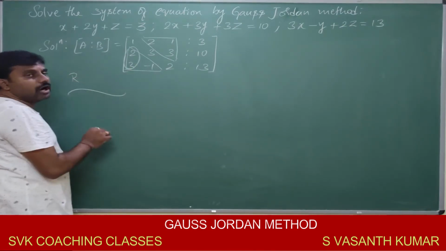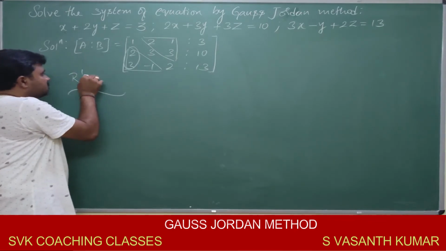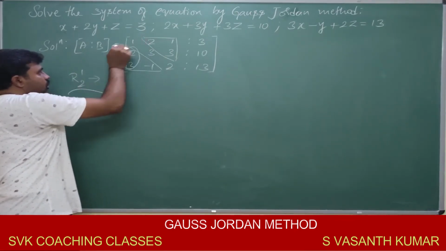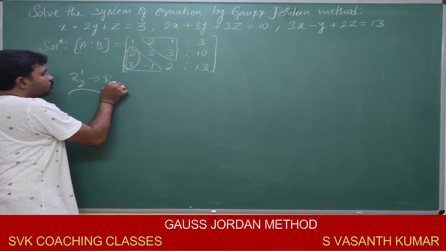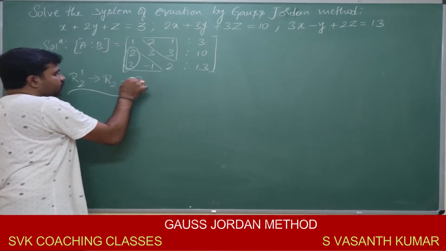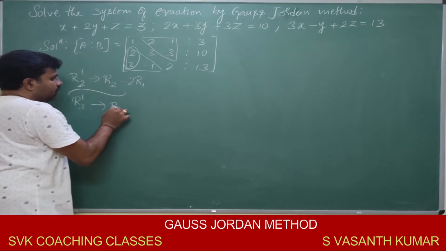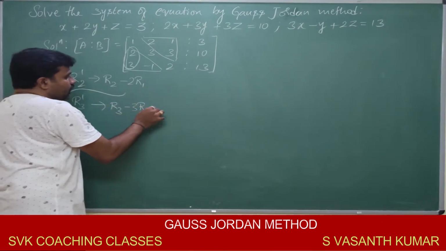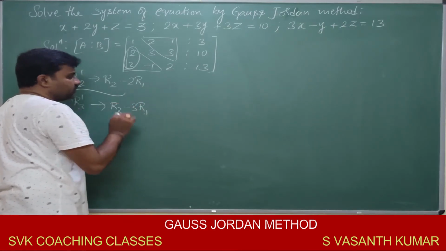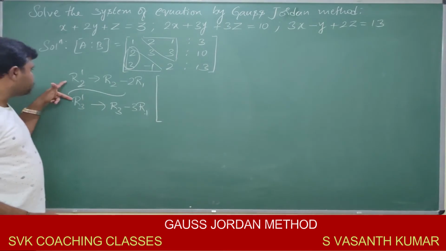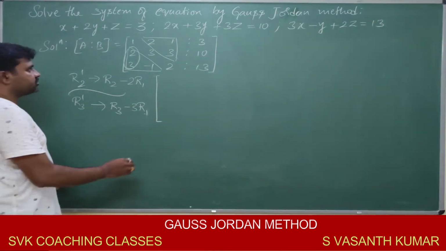I will disturb R2 and R3. R2 dash changes to R2 minus 2 times R1, as I have 1 here as the non-zero element. Similarly, R3 dash changes to R3 minus 3 times R1. Here I am applying the two operations.